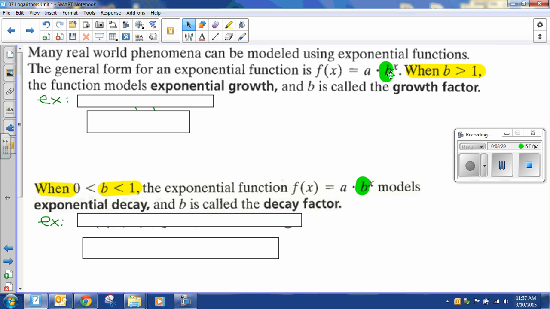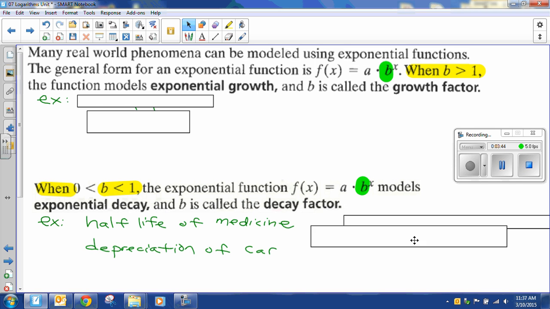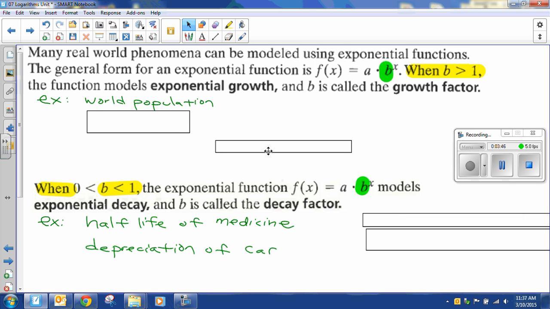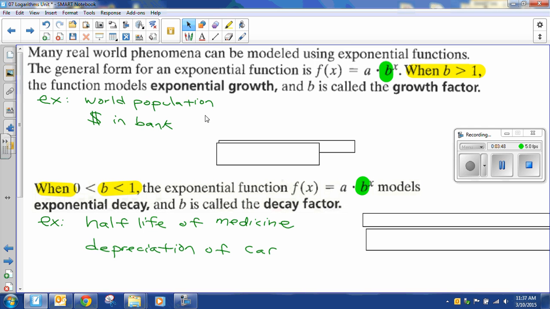When the base of the exponent is greater than 1, it is a growth factor. It is exponential growth. When the base of the exponent is less than 1 but greater than 0, it is decay, exponential decay. Some examples of exponential growth: world population, money in the bank.